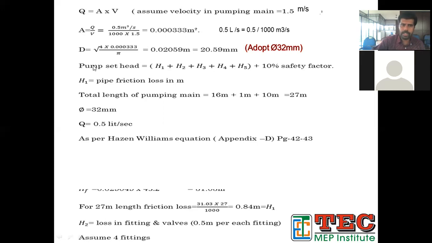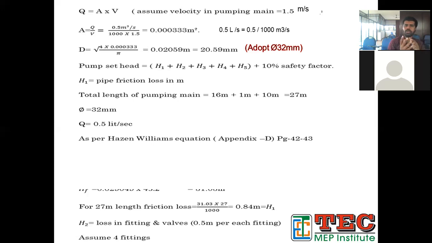So you got the main supply pipe size. Initially you got the overhead tank capacity, then you found the underground tank capacity. Now you have found the diameter of the main supply pipe by the formula Q is equal to area into velocity, where Q we have already found out.